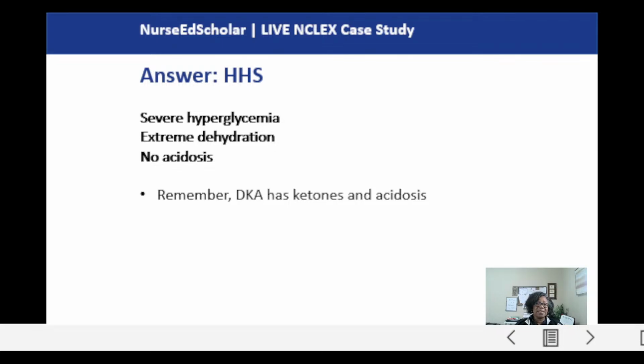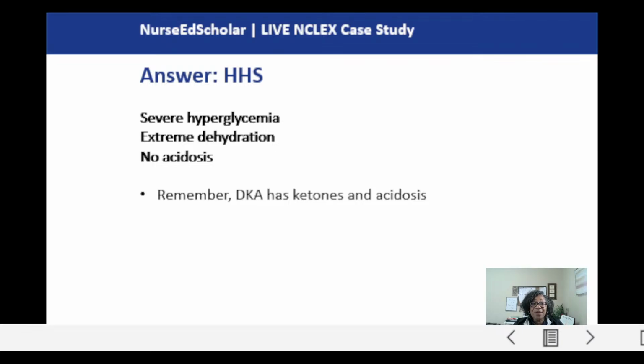Now, remember, like I said before, in DKA, the patient will have ketones, and then the ketones create acidosis. So the patient will have metabolic acidosis and it's rapid onset. Remember in HHS, it involves severe hyperglycemia, extreme dehydration, and it's a gradual onset.